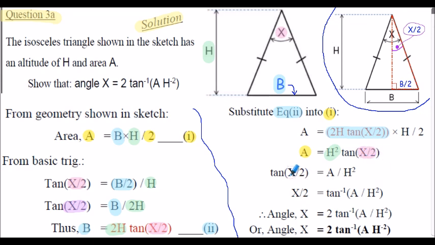Rearranging for tan of x divided by 2, we simply divide both sides by h squared. Then taking the inverse tans or arctans of both sides of the equation, x divided by 2 is equal to tan to the negative 1 of the area divided by h squared. Finally multiplying by 2. So x is equal to 2 multiplied by the tan to the negative 1 of A divided by h squared, and of course the h squared could be written as h to the negative 2. So again, we've solved the problem given to us in the question.